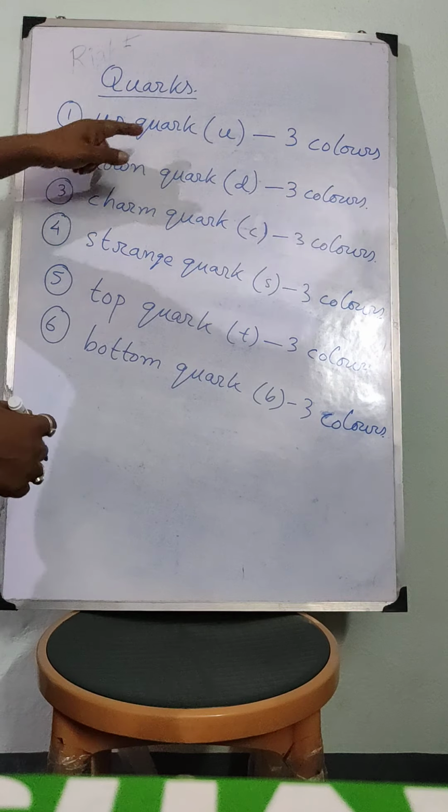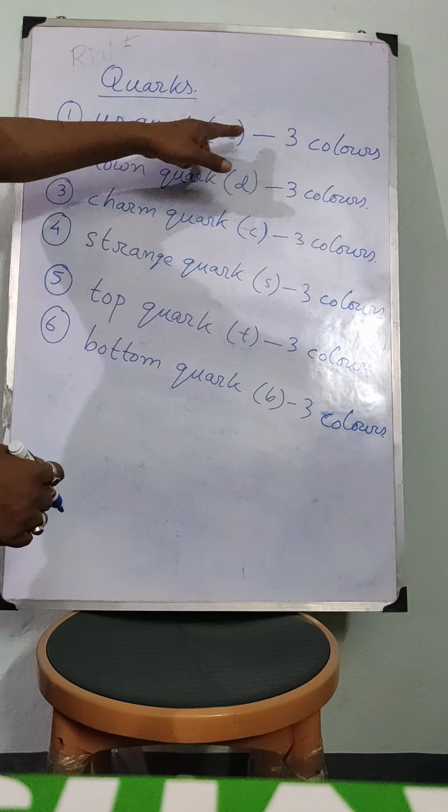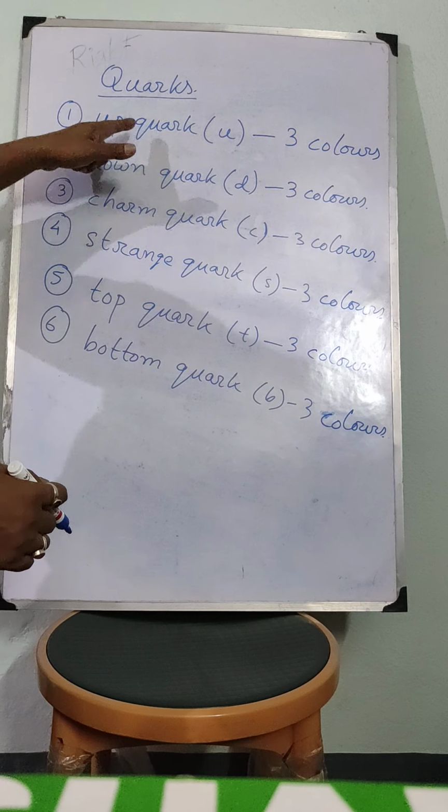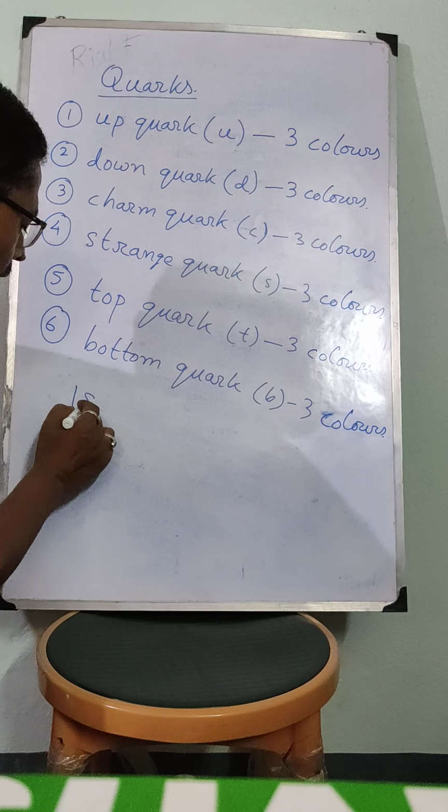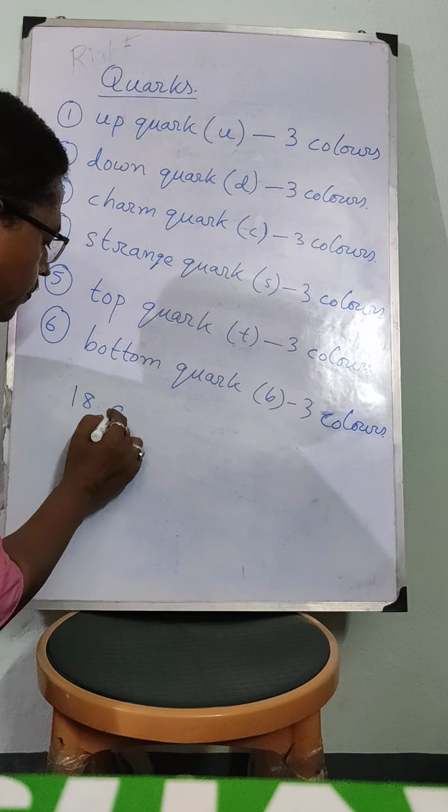So each quark comes in three colors, so we have 6 into 3, that is 18 types of quarks. 18 types of quarks we have in nature.